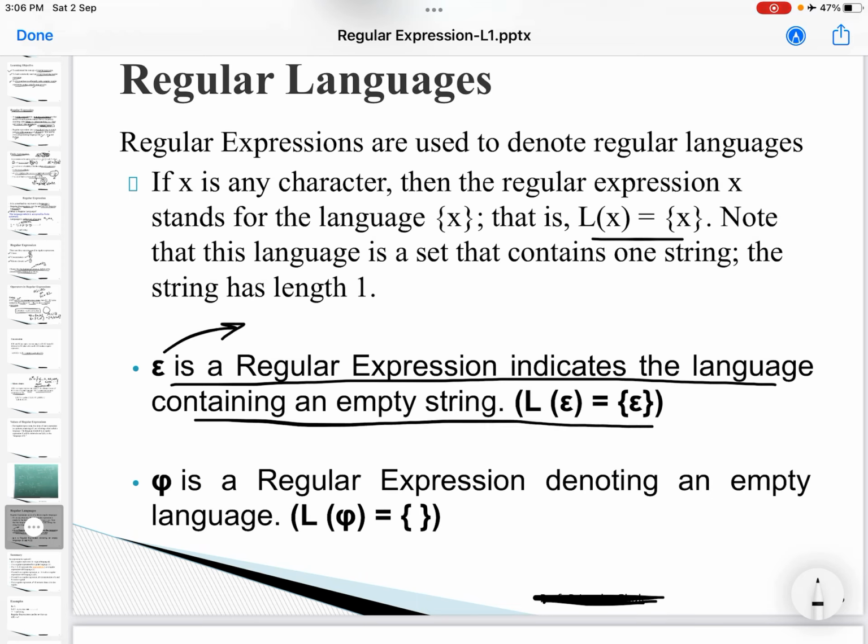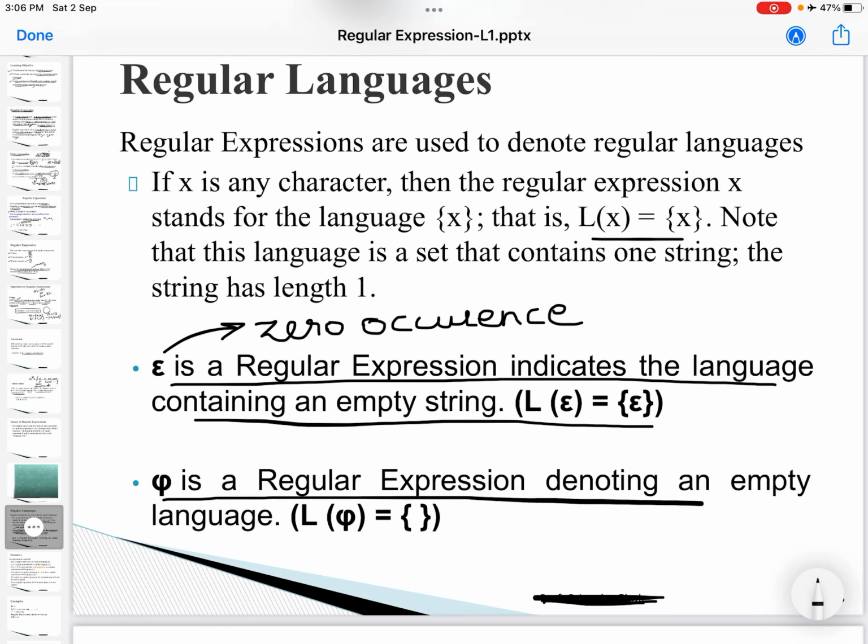So epsilon means zero occurrences of that particular alphabet; over alphabet a and b, zero occurrences of a and b. Epsilon means null or empty string. The empty language is also a regular expression, and the empty language is not epsilon.